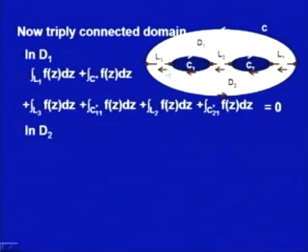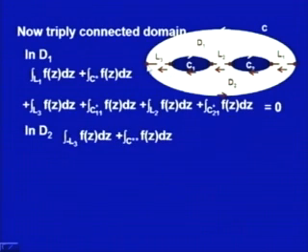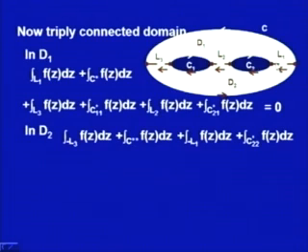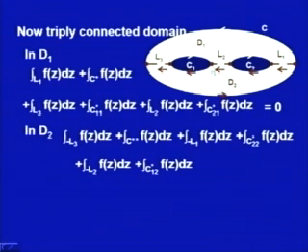In D2 we get minus L3, C star star, that is the lower portion of C, then minus L1, the lower portion of C2, which we write C22 star, then minus L2, then the lower portion of C1, which we write C12 star. This is the complete boundary, a closed curve. Because of the Cauchy integral theorem, for a closed contour this integral must be 0.